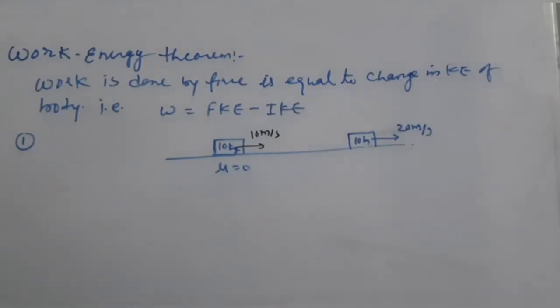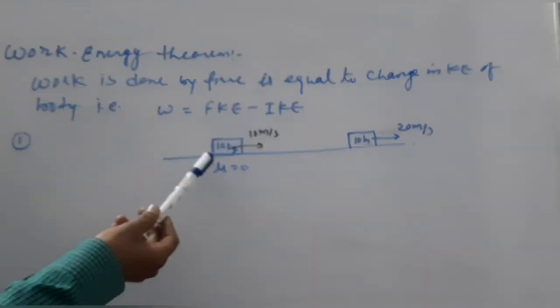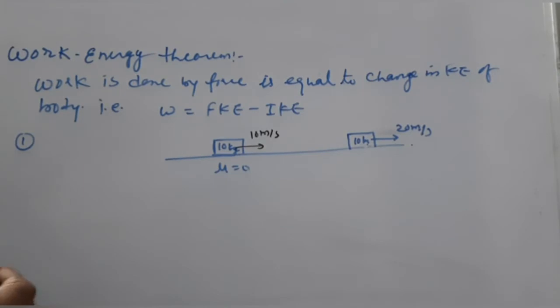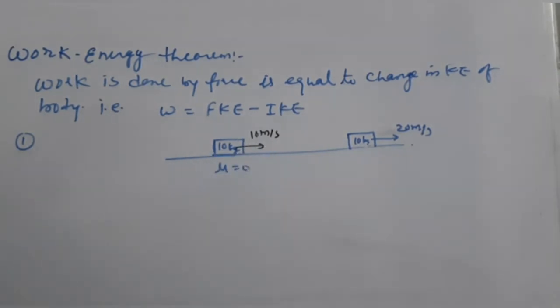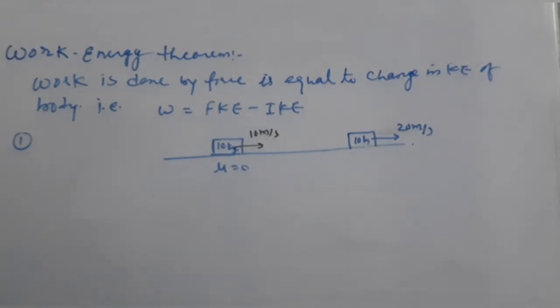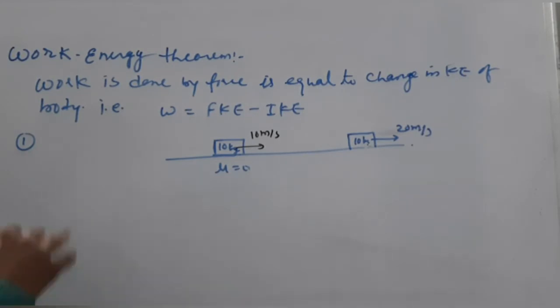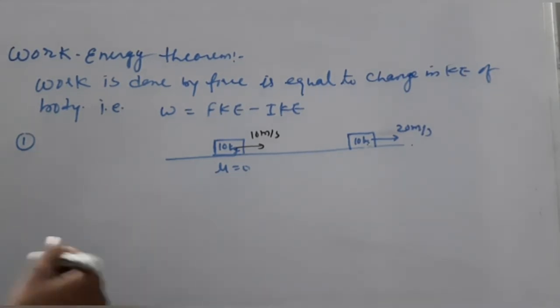With the help of this example you can understand. Suppose there is a block of mass 10 kg moving with initial velocity 10 meter per second. After some time its velocity becomes 20 meter per second, and keep in mind there is no friction. Then we have to find how much work is done by the applied force.